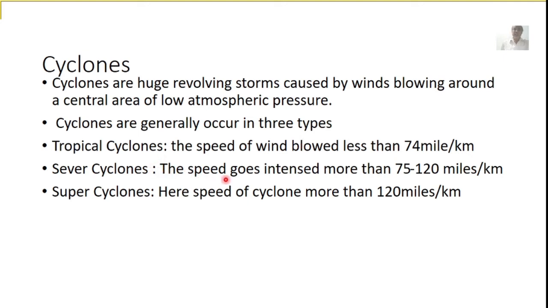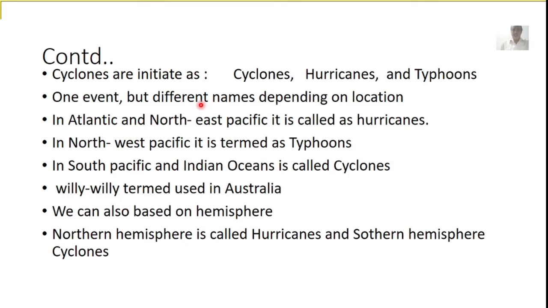When the speed gets more intense, 75 to 120 miles per hour, they are called severe cyclones. A cyclone speed of more than 120 miles per hour is termed a super cyclone. Cyclones are also known as hurricanes and typhoons. One event but different names depending on location.